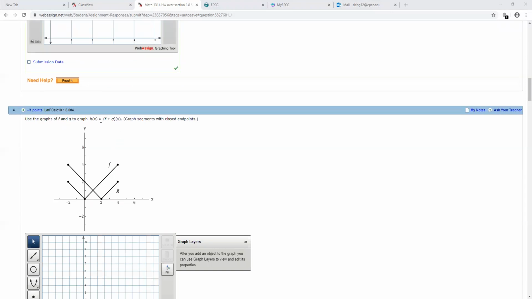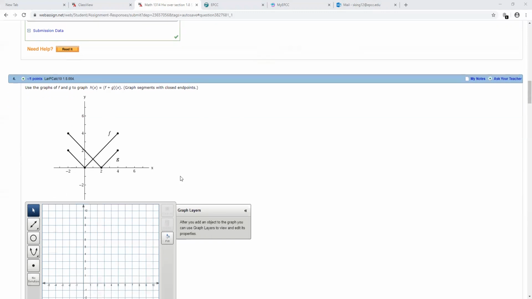And again, create a new function h by taking the two original functions. This one here is the f, this one here is the g, and then adding them up again. I would suggest, if you wish, make a table like we did on the first problem above it, or you could do it mentally. It's up to you.